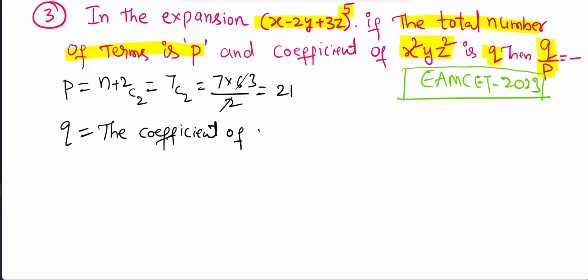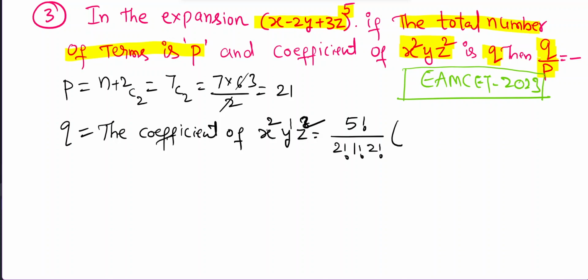The q value is the coefficient of x^2 y z^2. This is from the multinomial theorem. Here n is 5, that is 5 factorial by, for the x^2 coefficient, 2 factorial, for y^1, 1 factorial, and for z^2, 2 factorial.